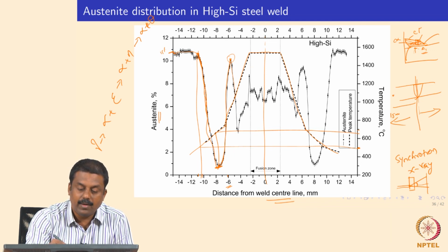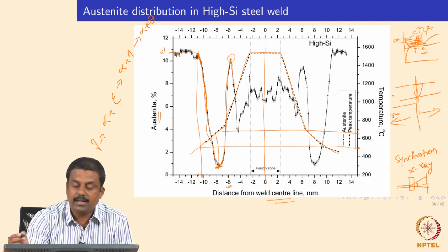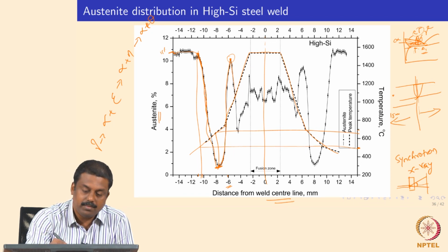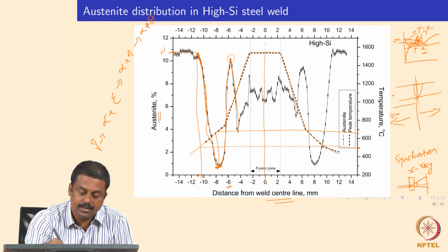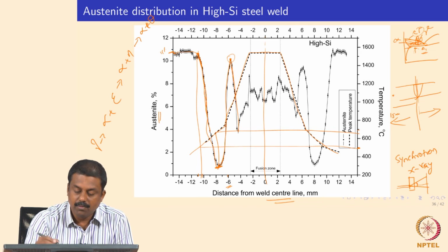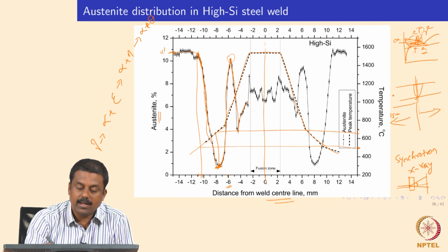So if you further move above the A3 temperature, you will have a single phase austenitic microstructure, and then again there is no partitioning, right. That means the fraction will decrease continuously when you reach a fully austenitic microstructure. And if you move close to the fusion boundary, then again the austenite fraction increases. Why? Because carbon can also migrate from the weld zone when it is solidifying.